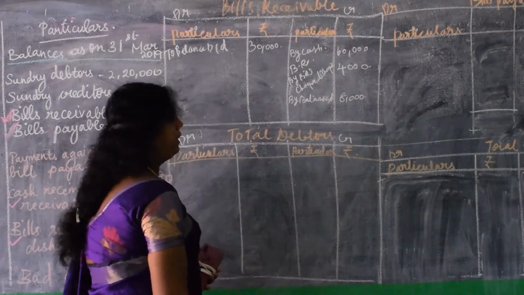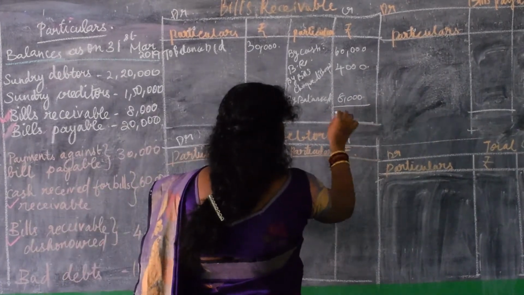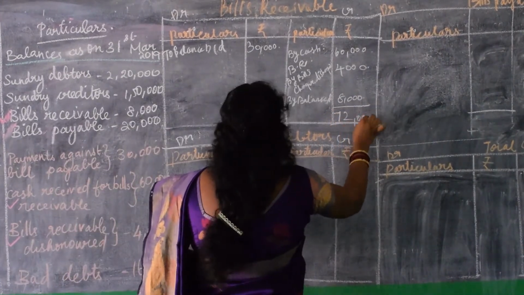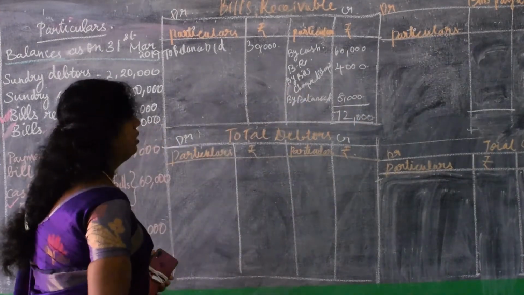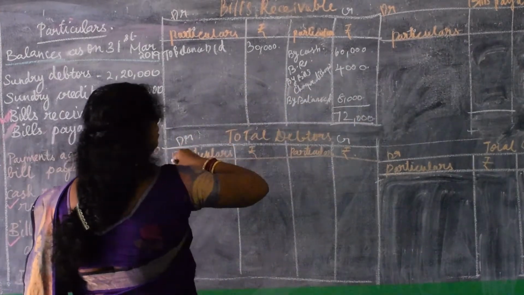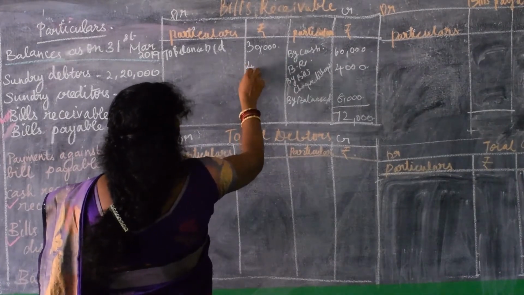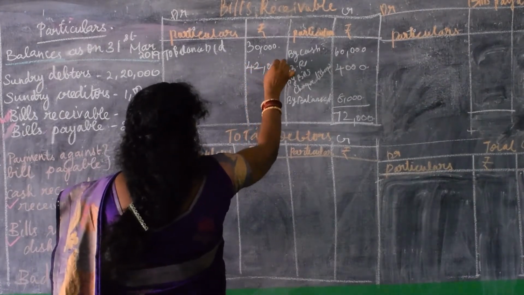Total it, you will get 72,000. Here 30,000. 72,000 minus 30,000, you will get 42,000.